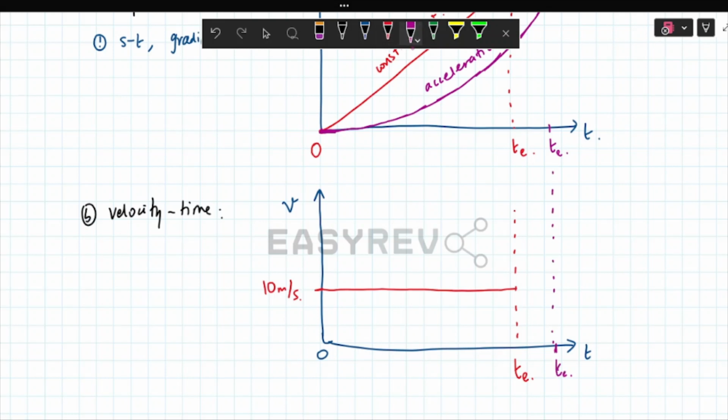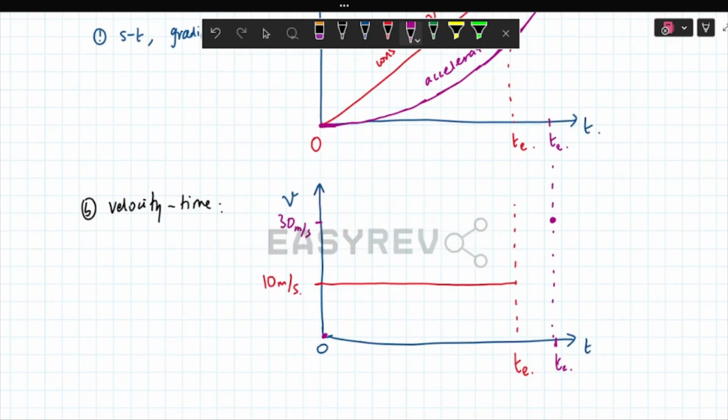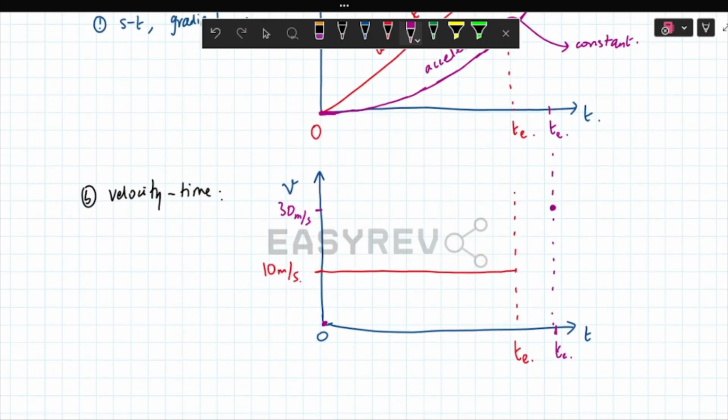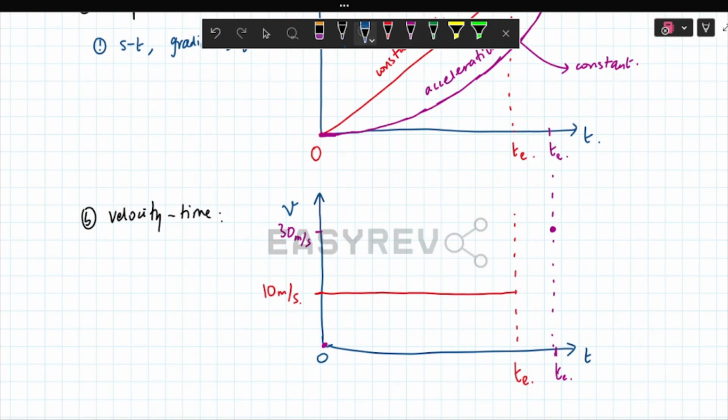Now for Tufi, his velocity is actually changing from 0 to a value of 30 meters per second during his journey. And suppose that this change in velocity or this acceleration is occurring in a constant fashion. Let's assume this for the sake of brevity. In which case, we remind ourselves that for a velocity time graph, the slope or the gradient represents acceleration.